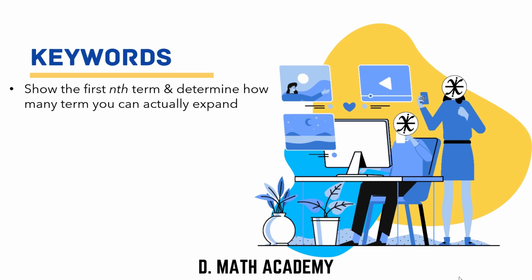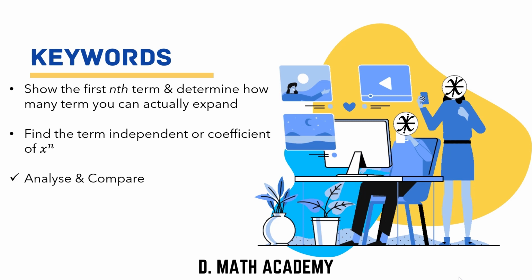Later on I will show you some examples of this, as well as finding the independent term or the coefficient of x to the power of n. This is a continuation from your part 1 questions. A couple of skills are required to solve this: you have to analyze and compare, and plug in the correct variables to get the right results.